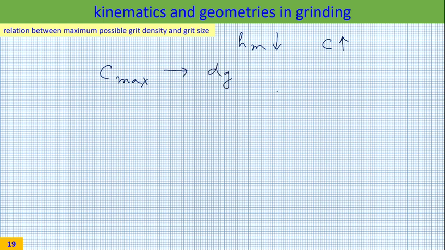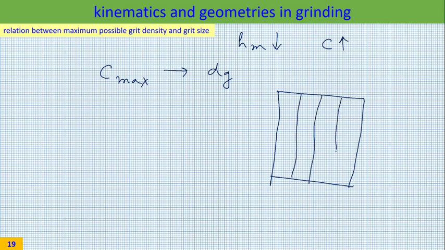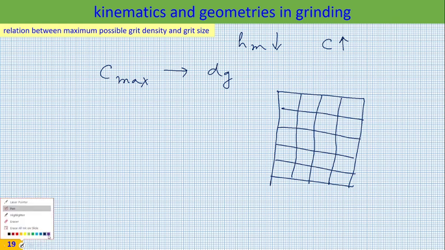For that, let us draw a sieve or a mesh. This is a part of the sieve through which the grids are sieved so that their size can be segregated.